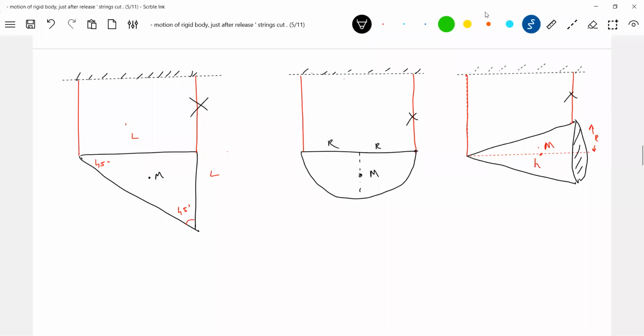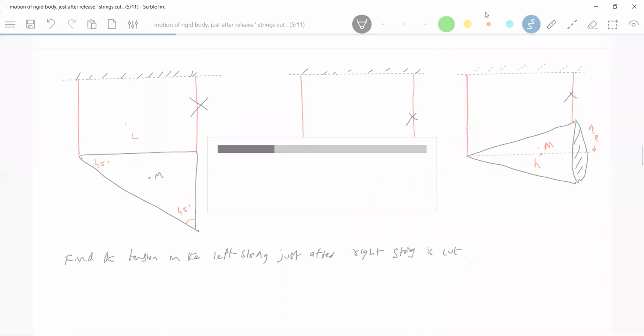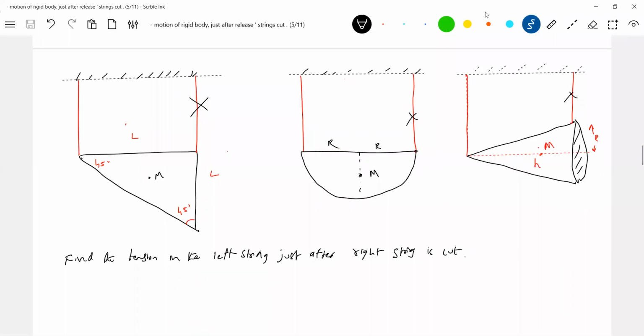So in all the three cases, find the tension in the left string just after the right string is cut. Okay, fine. So please put in effort. The same problem, instead of rod, I did square plate, triangular plate, semicircular plate, and this is a 3D object.